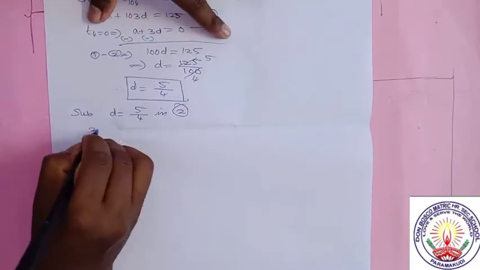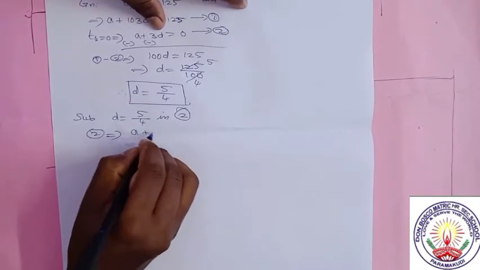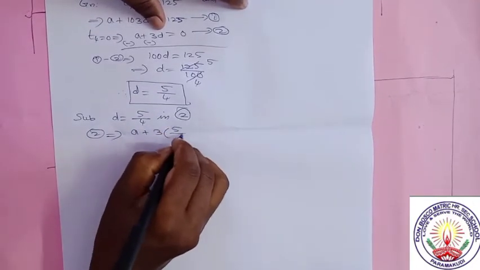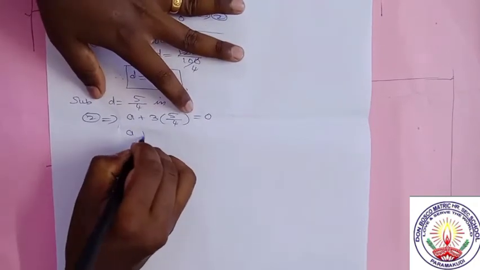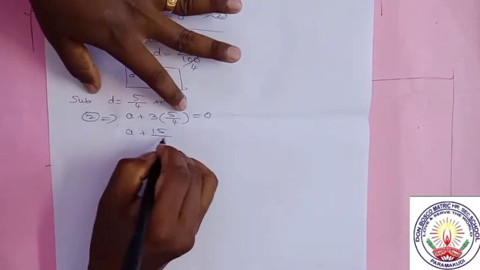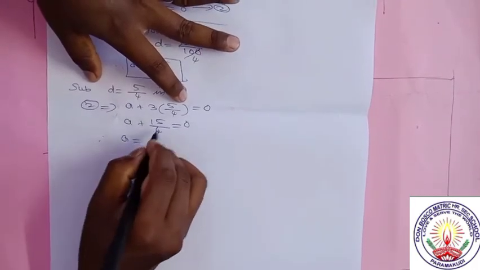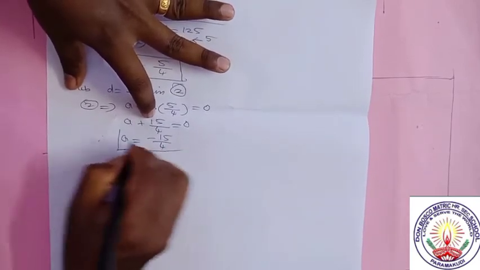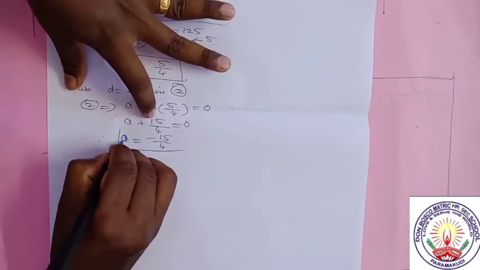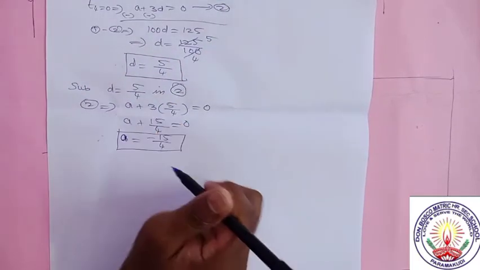Equation 2 implies A plus 3 into D is equal to 0, so A plus 3 into 5 by 4 is equal to 0. So A plus 15 by 4 is equal to 0. Therefore A is equal to minus 15 by 4. Therefore the first term A is equal to minus 15 by 4, D is equal to 5 by 4.